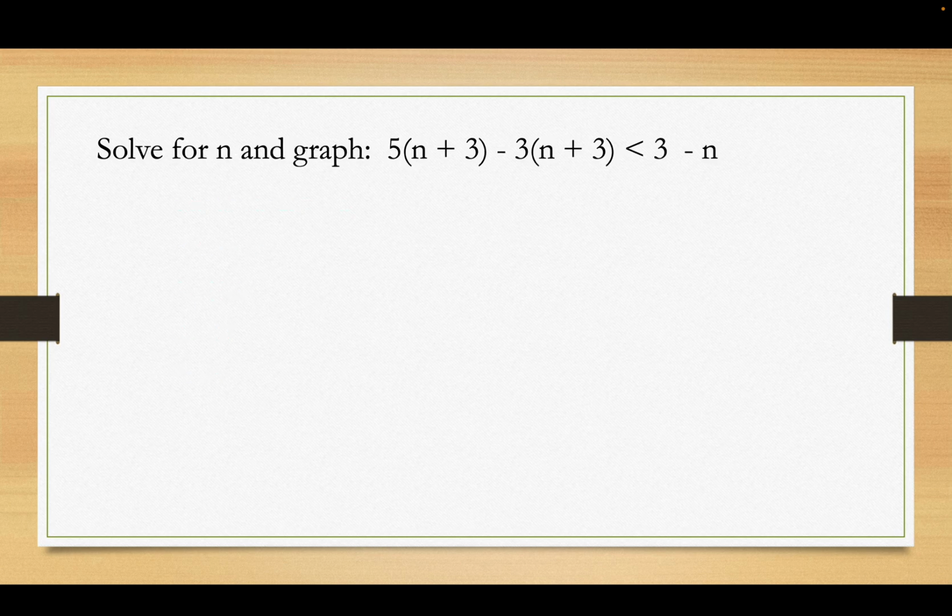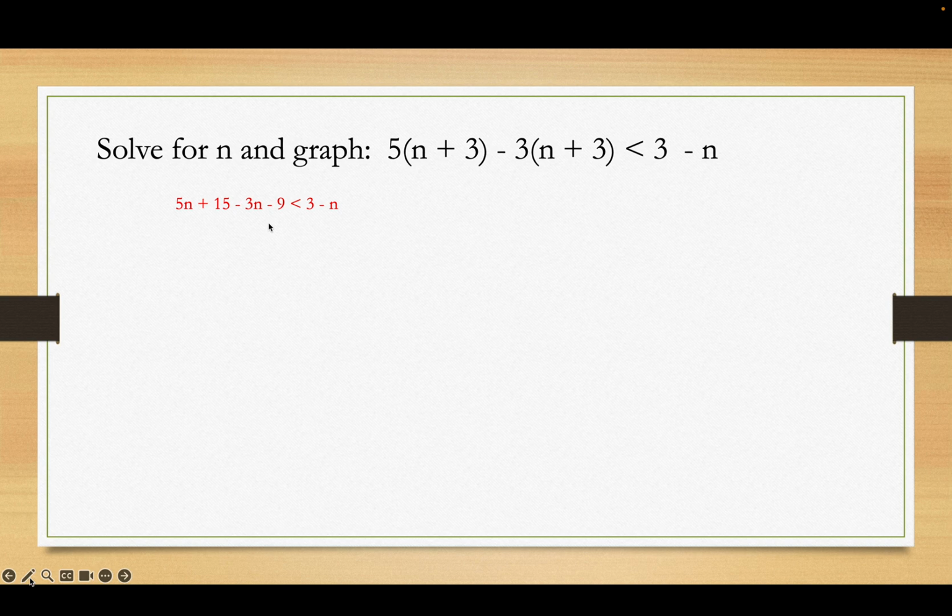Okay, very similar, but this time it's an inequality and you have an extra graph at the end of it. Okay, so distributing the 5, that gives me 5n plus 15.